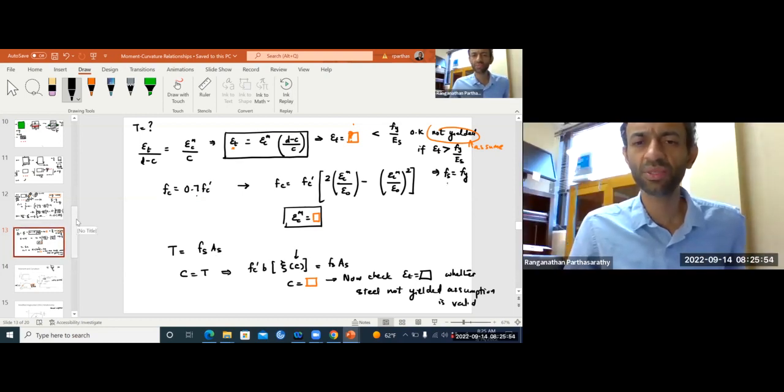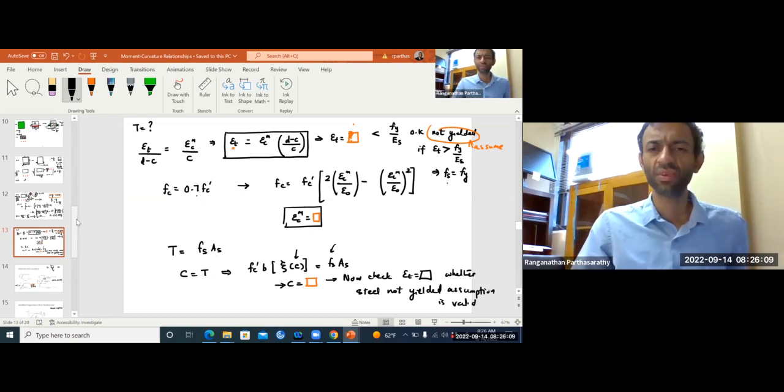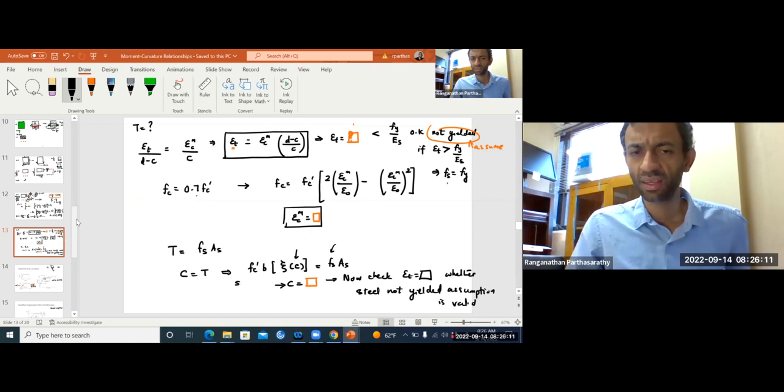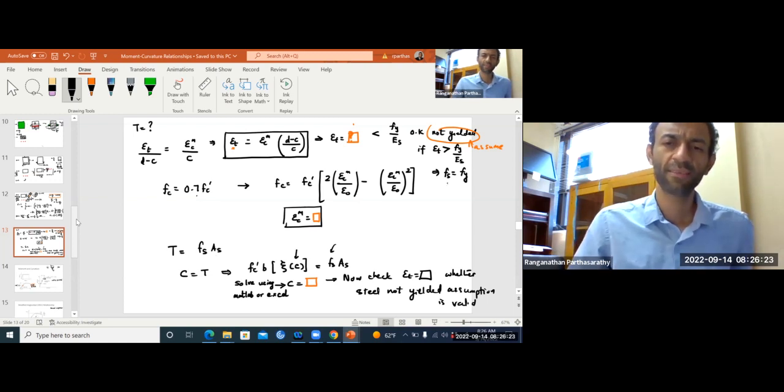Everything else is in terms of C. Your Fs is also in terms of C. So this will be a big nonlinear equation in C. So we just need to solve for C. Of course, we will not solve by hand. Let's put a note here. Solve using maybe MATLAB or Excel or something else, right?